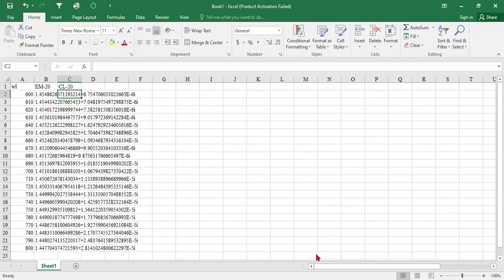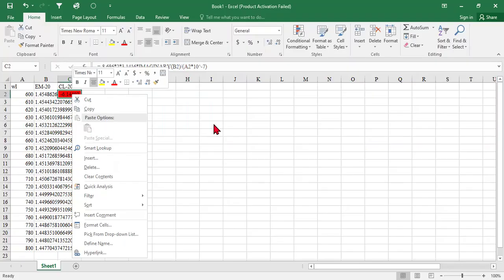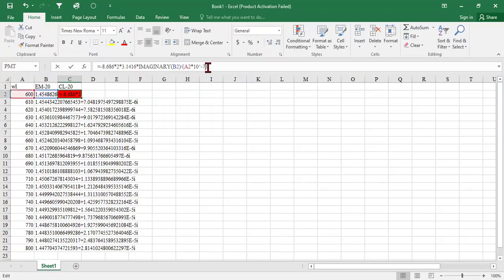I already do have the equation maybe. You can write this equation actually. Okay, this is the equation. So 8.686 into 2 pi, and the imaginary part of the effective mode B2.